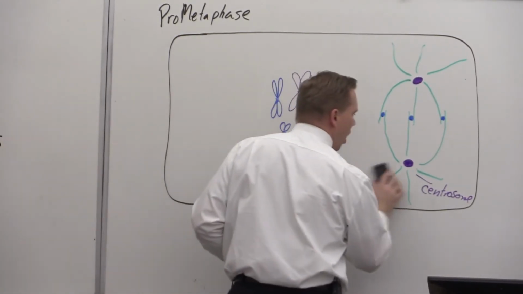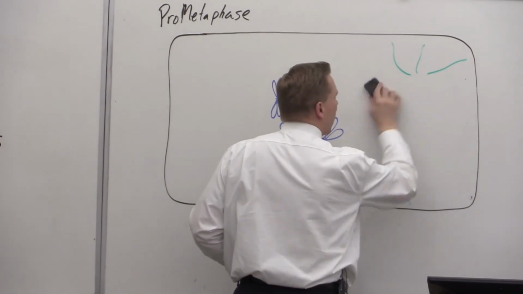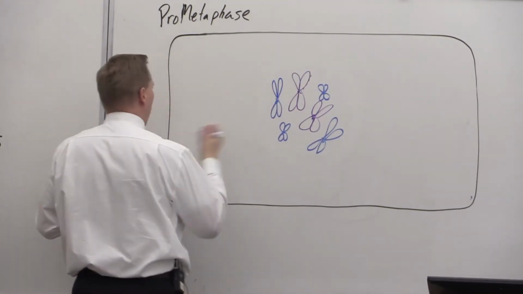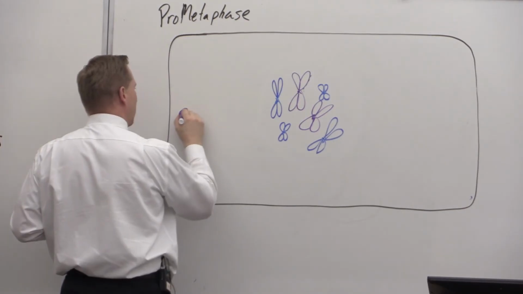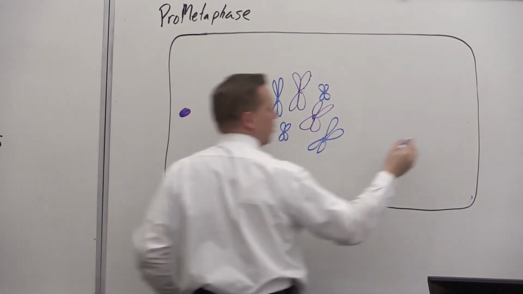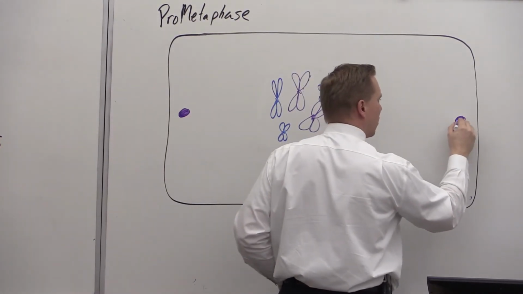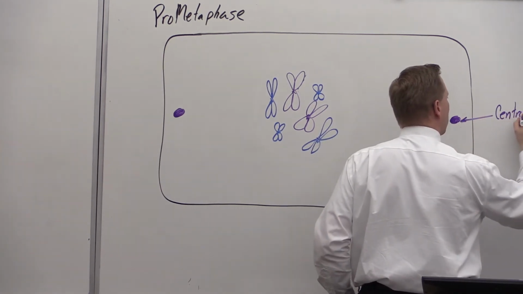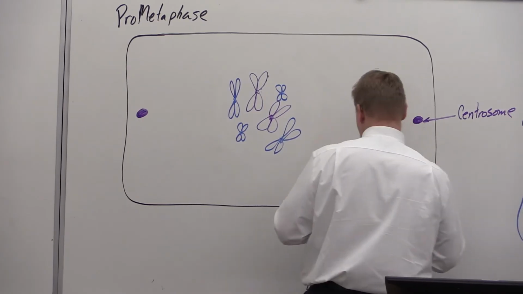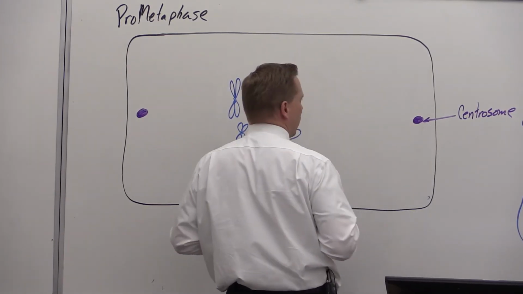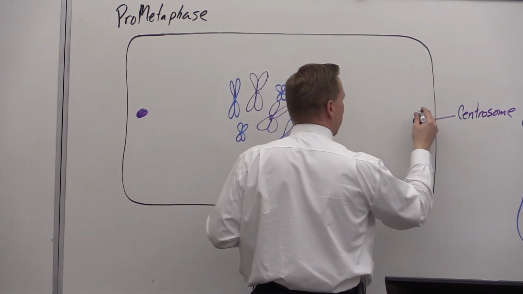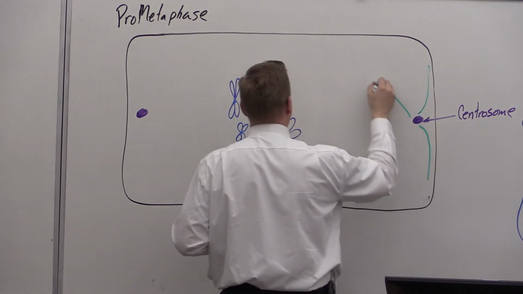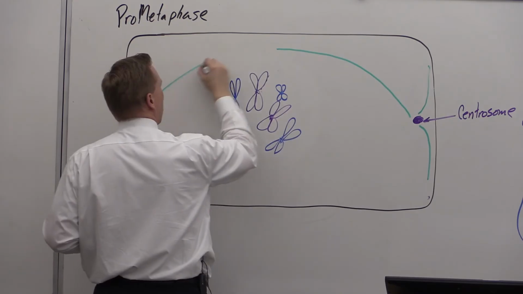We're going to redraw our spindle assembly. It's now fully mature. We've got our poles on different sides of the cell. So that's our centrosome structure. We have microtubules still coming out from them. So we've got these long microtubules now.